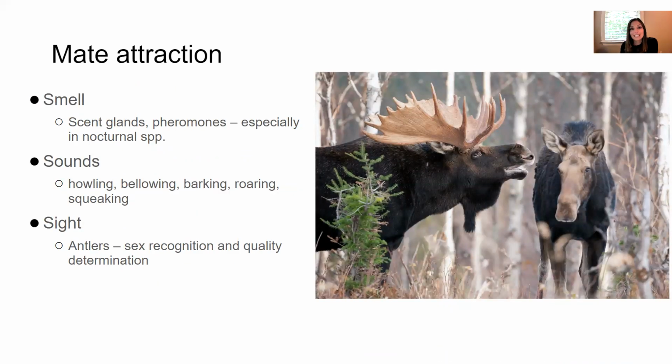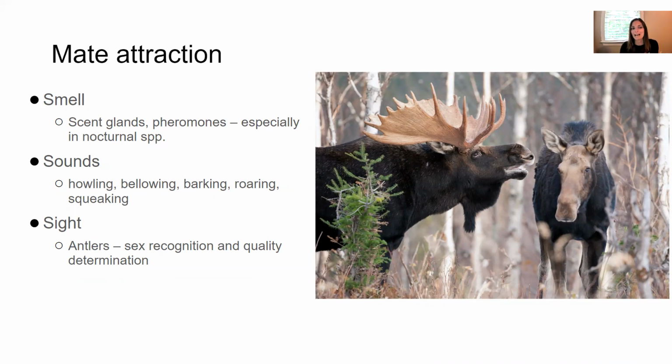Mammals do some interesting things to attract mates using smell, sounds, and sight. Smell. There are some mammals that have scent glands that are specific for emitting pheromones to send signals to conspecifics to lure them in. And that is seen especially in nocturnal species, where especially sight might not come into play as much. Some mammals use sound.